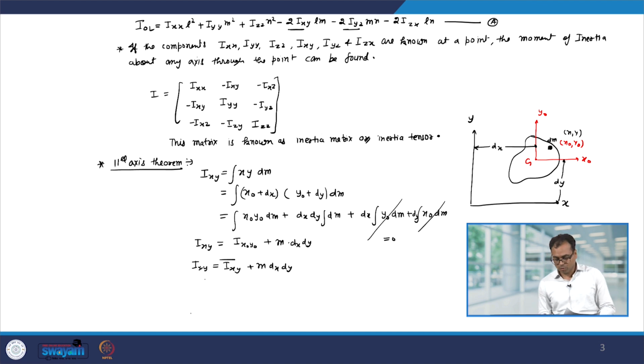And the same thing is true for the product of inertia about x z. So, that will be Ixz plus m dx dz, and similarly Iyz equal to Iyz plus m dy dz. Okay. So, it holds.